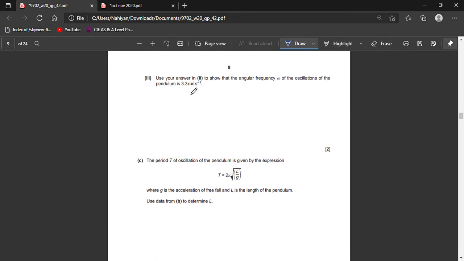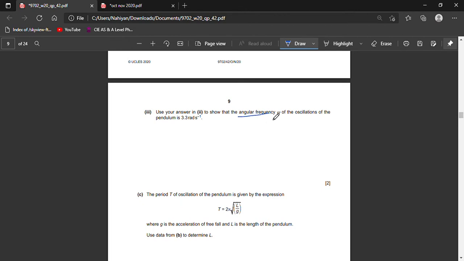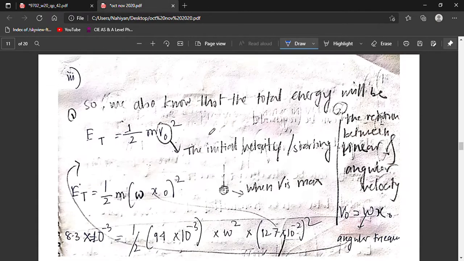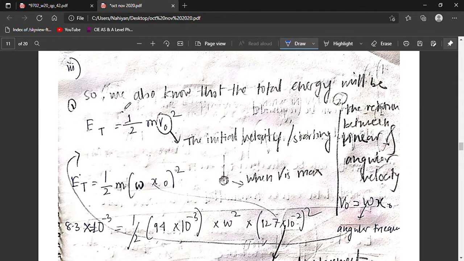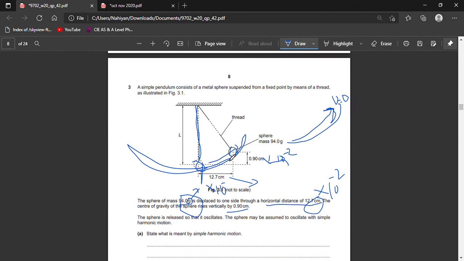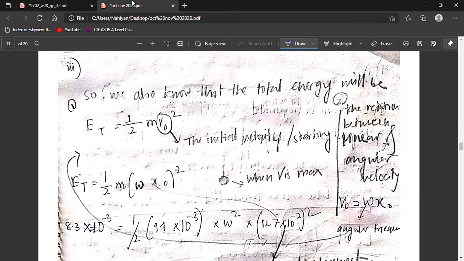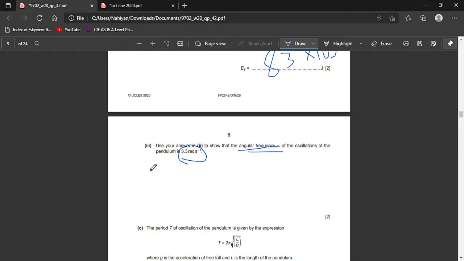Moving on, use your answer in 2 to show that the angular frequency of the oscillation of the pendulum is 33.3. We have to prove this. So if you look at the total energy, let me draw it.